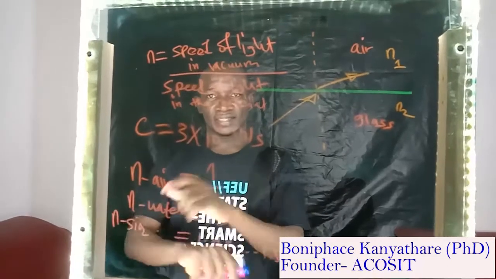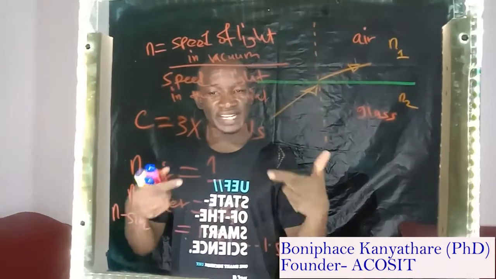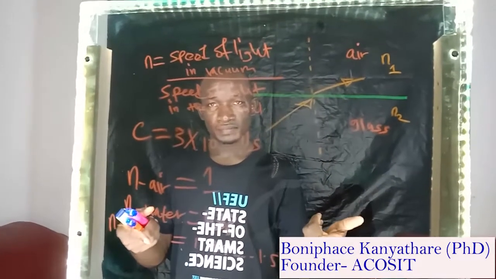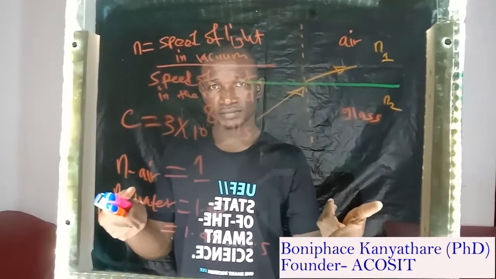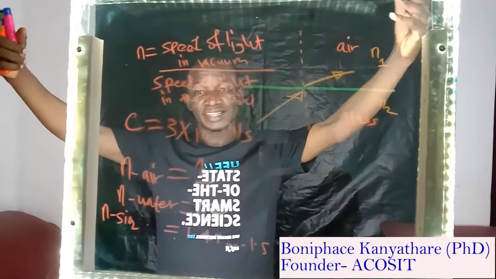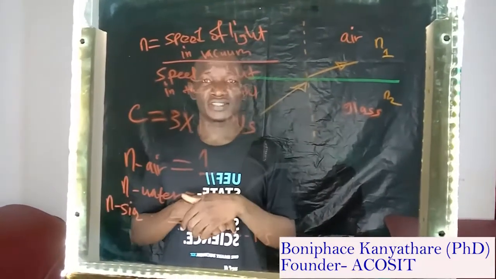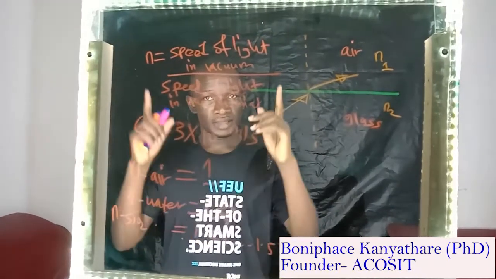What does this tell us? The denser the material, the higher the refractive index. The lighter the material like air, the lower the refractive index. So these are important things to understand.